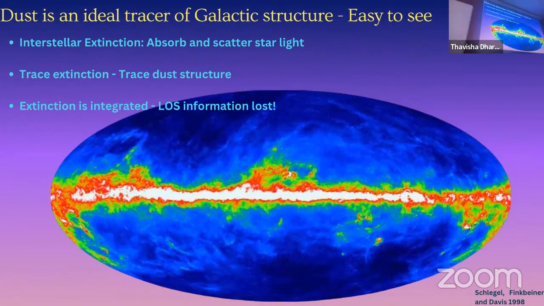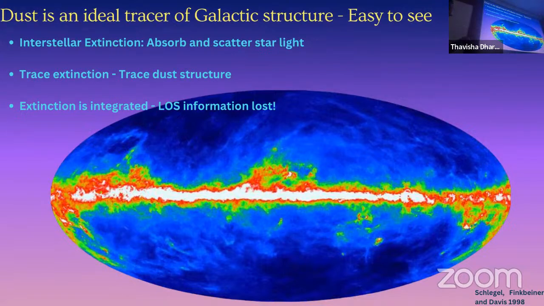So why is dust such a good tracer? Why do we use it so much? It's because dust has this very unique ability, of course, that we know, which is it absorbs and scatters starlight, so extinction. And what extinction lets us do is this absence of light lets us trace the structure by absorbing this matter.